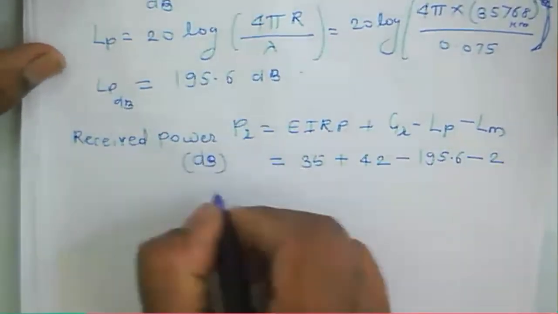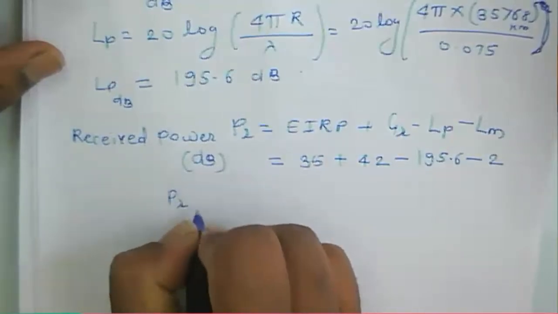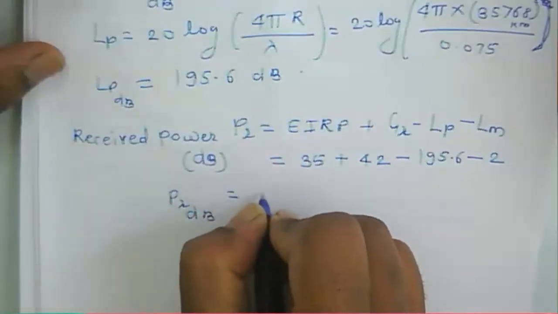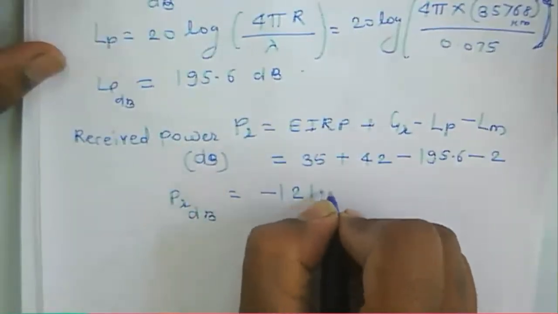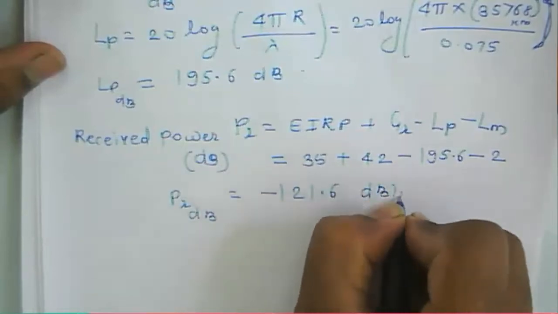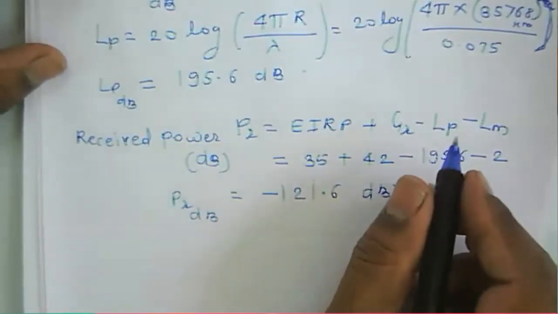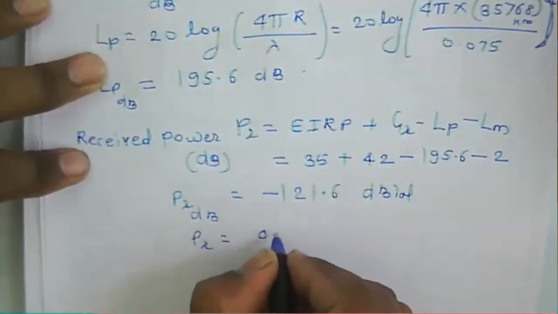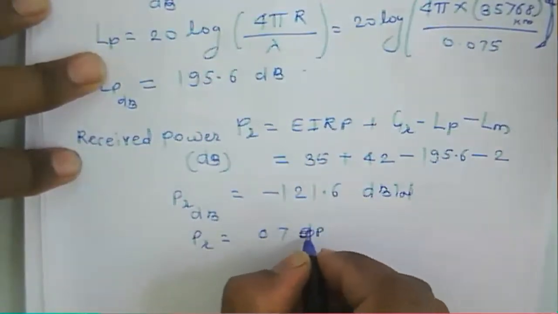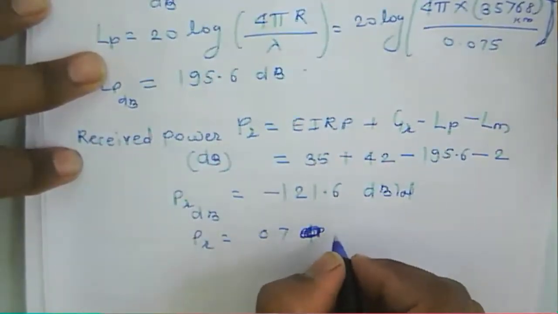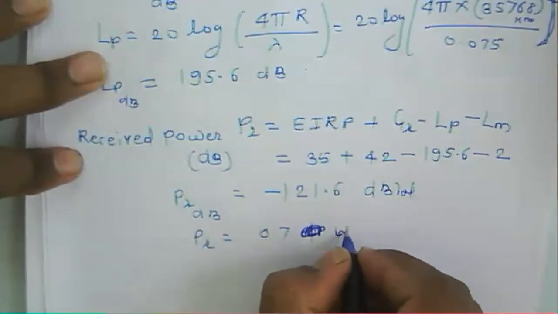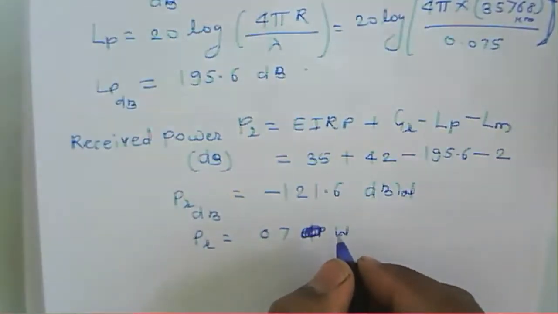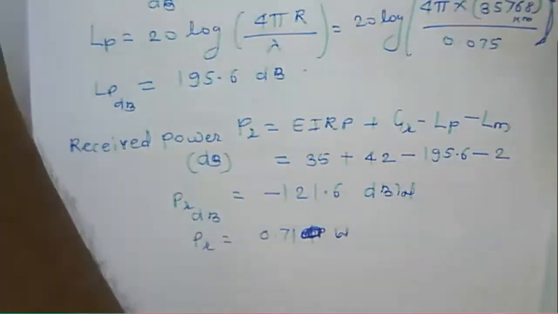So the power received in dB will be minus 121.6 dBW. If you calculate that in terms of watt, that will be 0.71 watt. Okay, that is your answer.